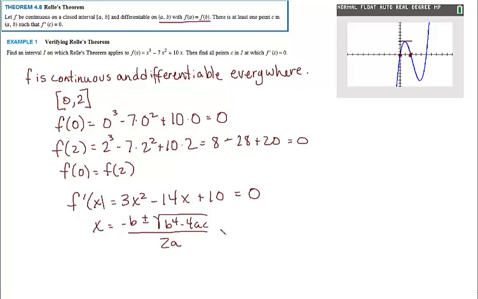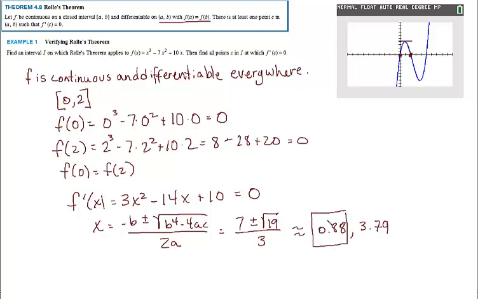Putting in your values, after it's simplified, you should get 7 plus or minus square root 19 all over 3. In other words, this is about 0.88 and 3.79. Is one of these values in between my interval?